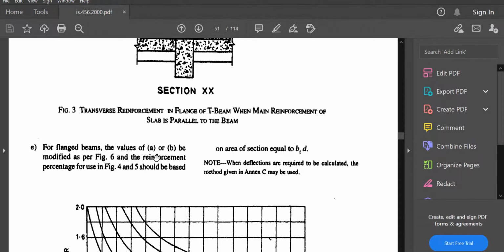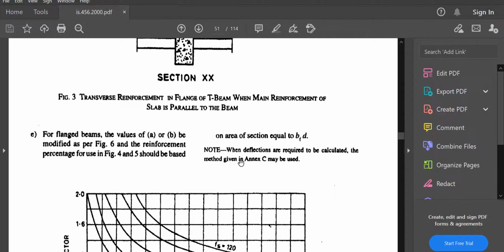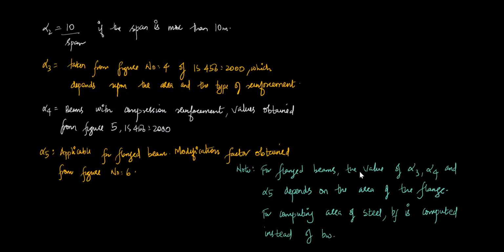And in alpha 1, for flanged beams, the values obtained for A, B are modified as per figure 6, and the reinforcement percentage for use in calculation of alpha 3, alpha 4 should be based on the area of section equal to BF into D. That is, from figure 6 you will get the value for alpha 5, and the reinforcement percentage used for finding alpha 3 and alpha 4 from figure number 4 and figure number 5 should be based on BF into D. That is, we need to substitute BF instead of B. For flanged beams, the values of alpha 3, alpha 4 and alpha 5 depend on the area of the flange.